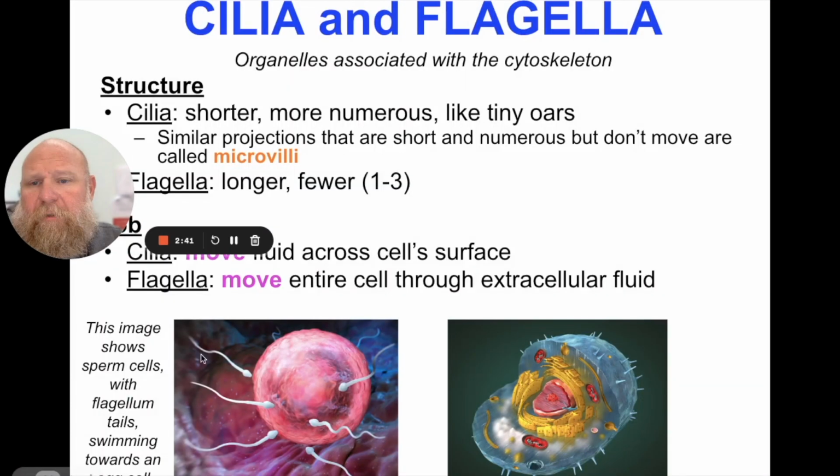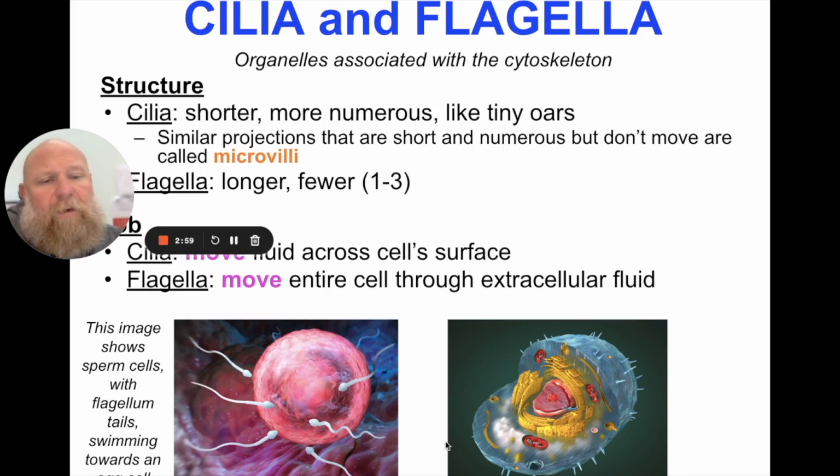There we go. So back here, this image shows the sperm cells, and the tails are the flagella. Flagella with all these, but the flagellum here on the sperm cell is moving the sperm cell to the egg for fertilization.